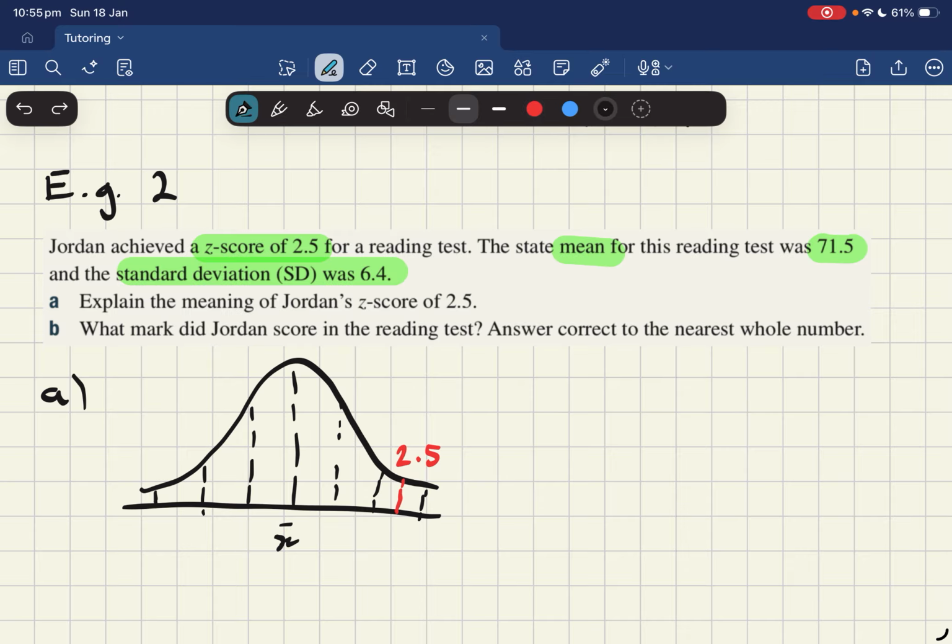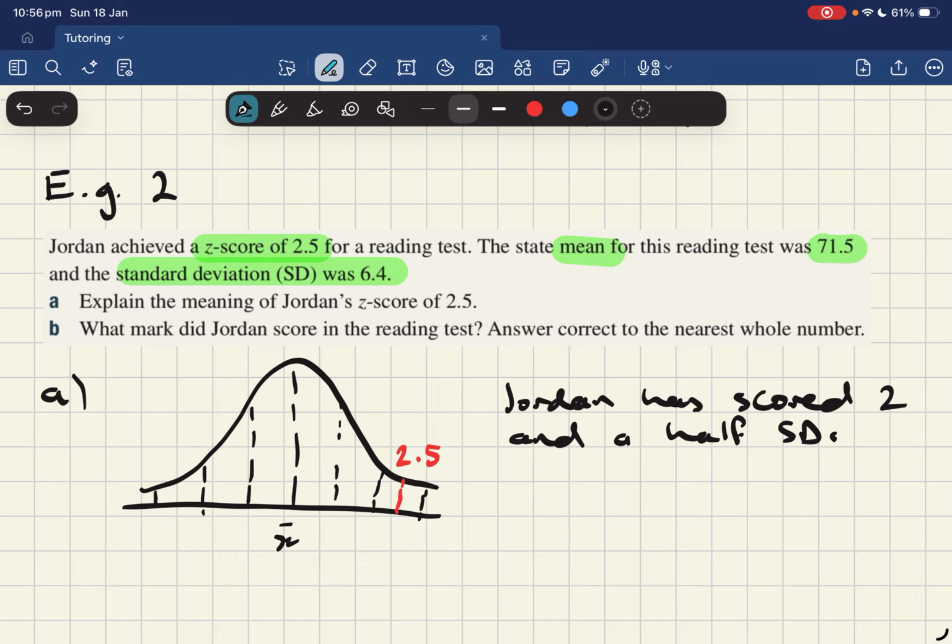So all that it says is, explain the meaning of his z-score. So Jordan has scored 2.5 standard deviations above the mean.